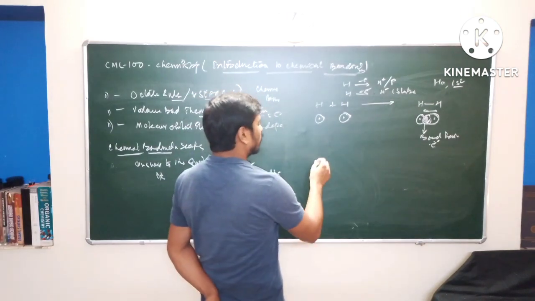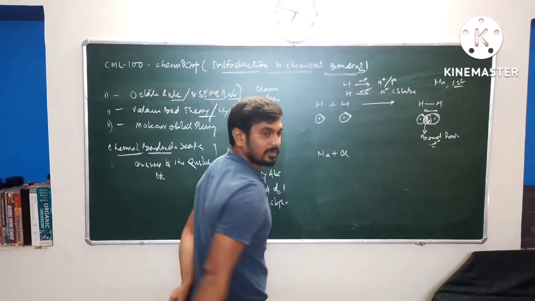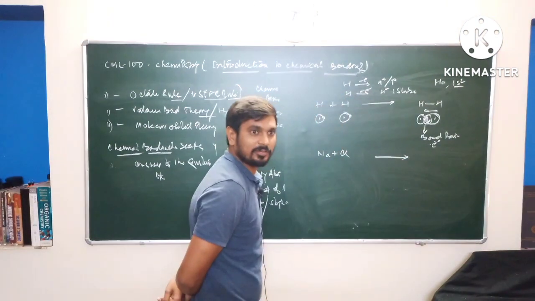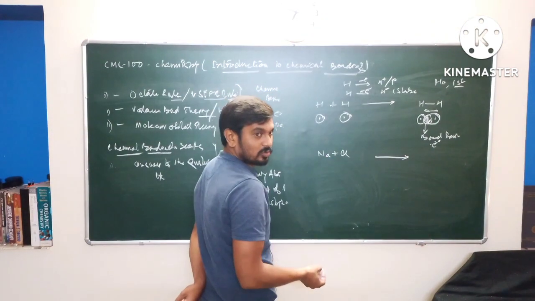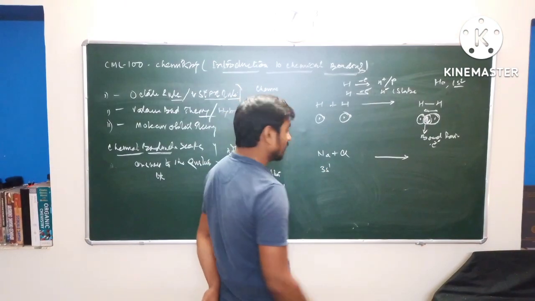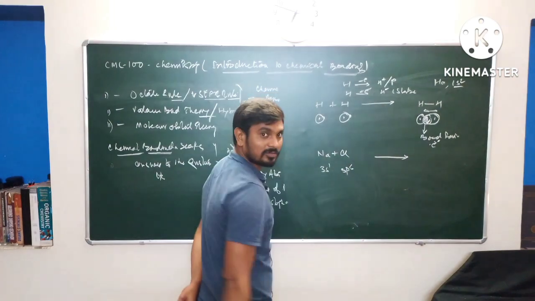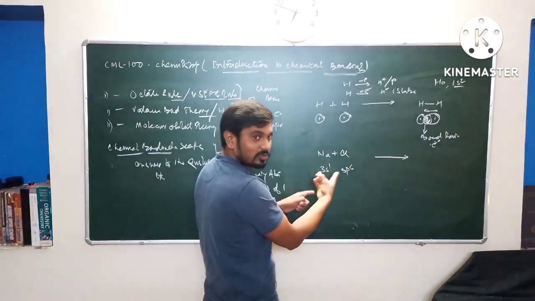Next, if I go to NaCl, look at the structure. How would be the combination? NaCl, Na has how many electrons in its outermost shell? Na has a 3s1 structure, isn't it? Chlorine has a 3p5 structure, it has 1 electron short of the octet.